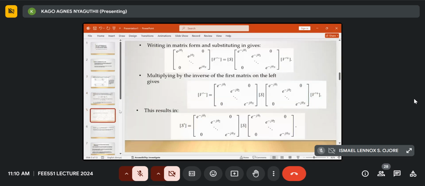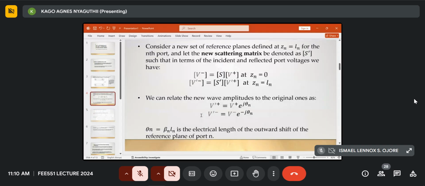And this is just substituting the relation into the first formula.